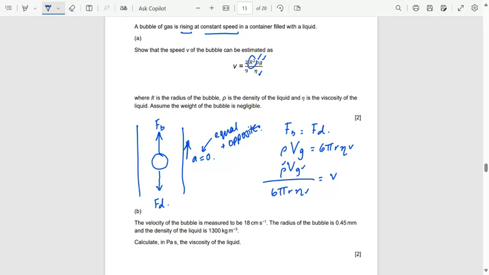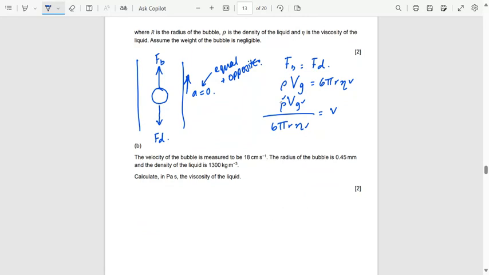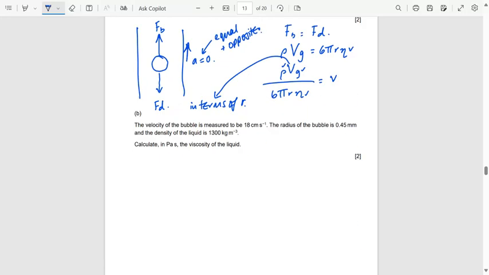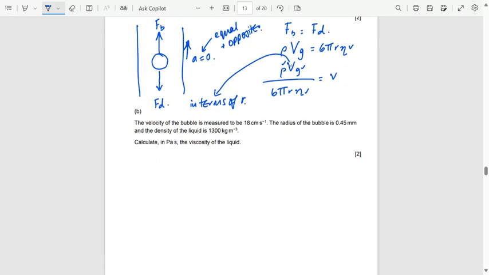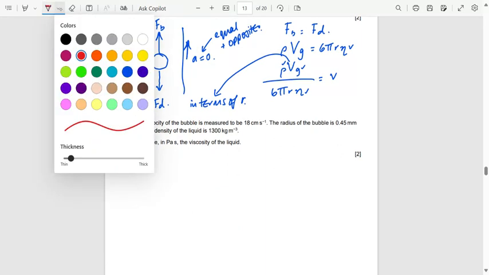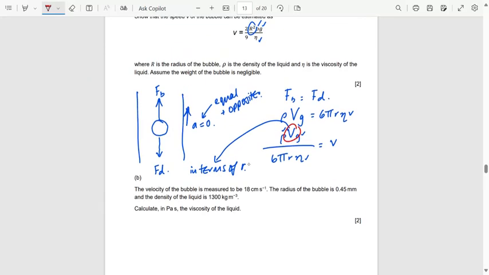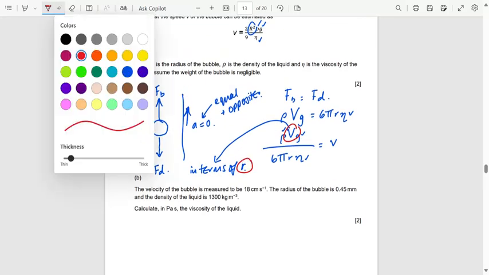So what that means is I need to put the volume in terms of r. Now they've done a capital R, but don't worry. But we are looking to remove the volume, because that isn't in what we're trying to find, and put it in terms of r. So I need an expression for volume in terms of r.